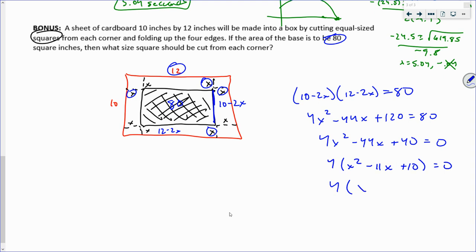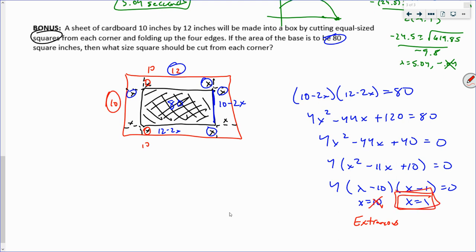So I go x minus 10, x minus 1 equals 0. x equals 10, x equals 1. Now, the reason that this has to be extraneous is because we can't have this be 10 and this be 10 and then the whole side be 10. It just wouldn't make sense. So our bonus answer was x equals 1.